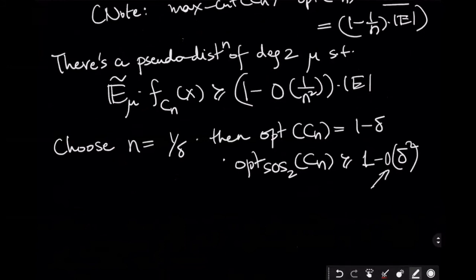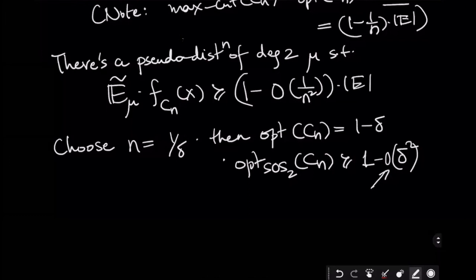In particular, you can't hope to round a pseudo distribution of value 1 minus delta times E to something which is better than 1 minus O of delta square times E, because there simply may not be such a cut. Does it make sense?